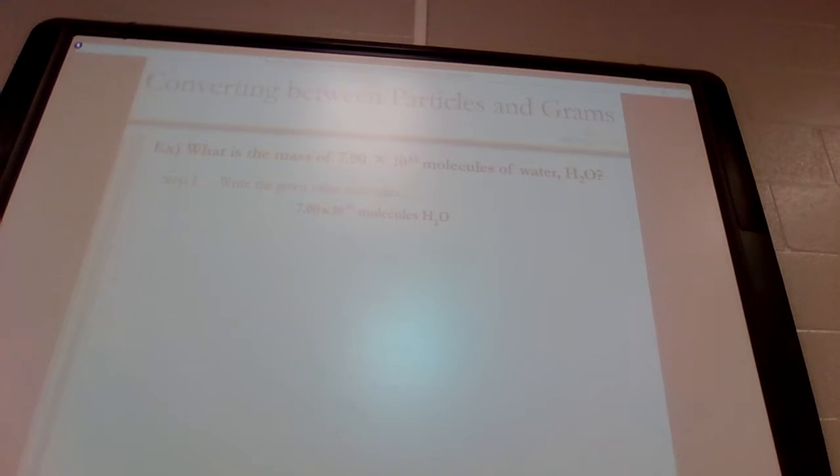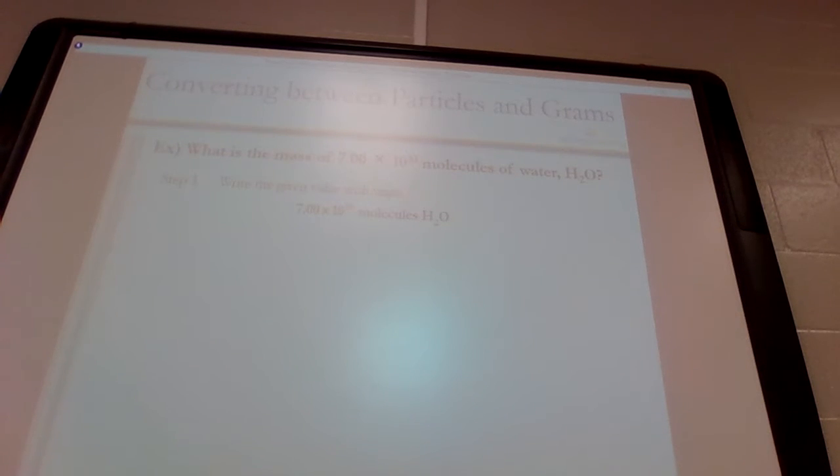I want to keep track of all of my units. Avogadro's number tells me the number of particles in what? 1 mole. That's very important because what I'm doing is converting units. So I'm going to put 1 mole of water on top. And how many particles are in 1 mole of water?